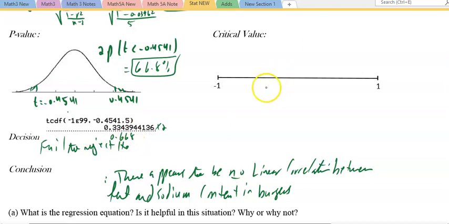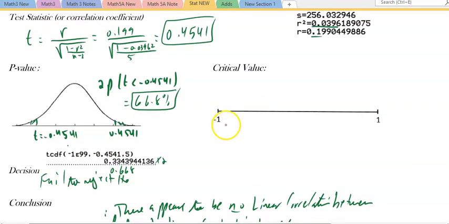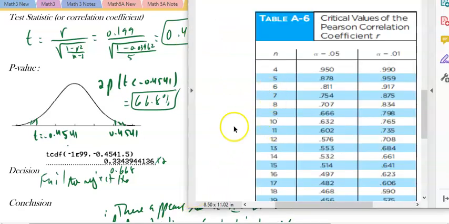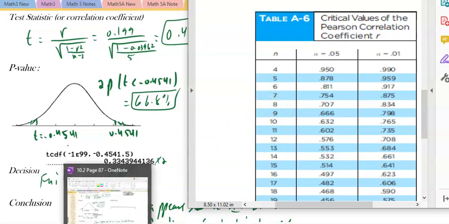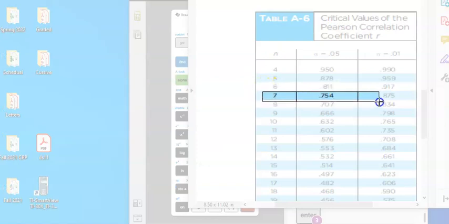Now, I forgot to do this. If we do the statistics, I have the table. It's right there. I want n equal 7. So if I copy n equals 7, right there.